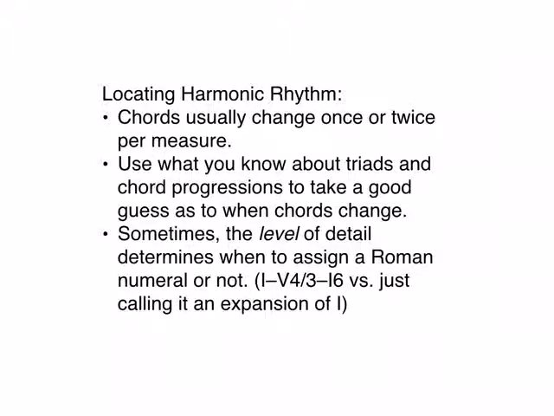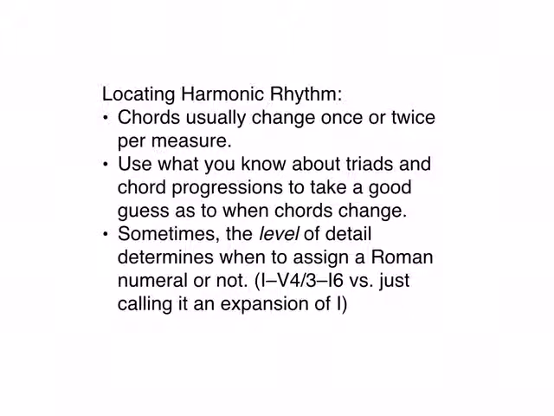Next, locating the harmonic rhythm. In non-chorale textures, the chords usually change once or twice per measure. Use what you know about triads and chord progressions to take a good guess as to when the chords change. Usually, for example, in a 2-4 measure or in a 3-4 measure, there may only be one chord per measure.